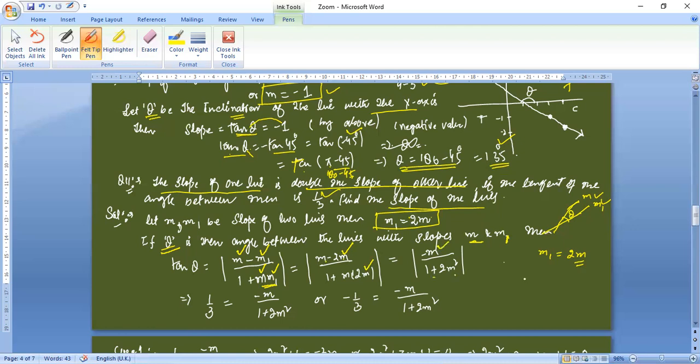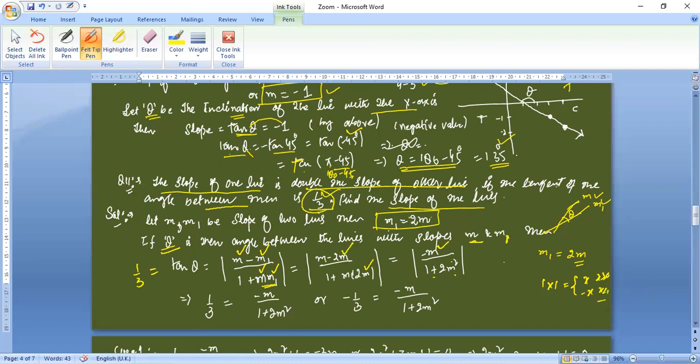So the value of this expression is tan theta, and the tangent of the angle between them is given to be 1 by 3. So 1 by 3 is the modulus of this expression. The modulus of x is x or minus x, depending upon whether x is greater than or equal to 0, or x is less than 0.